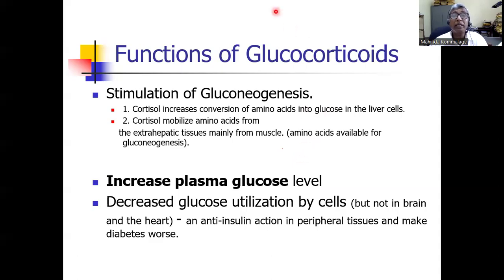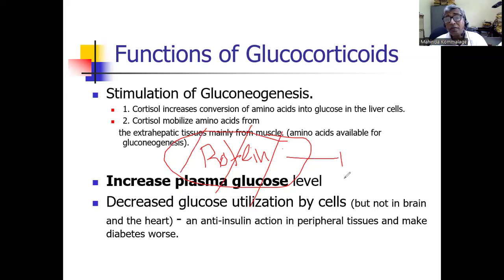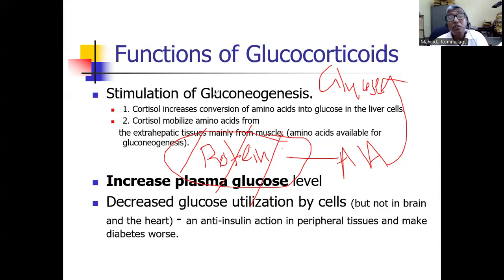So as a summary of the action of glucocorticoid, you can remember it: break protein. It breaks the protein, uses these amino acids, sends them to the liver and produces glucose, gluconeogenesis.